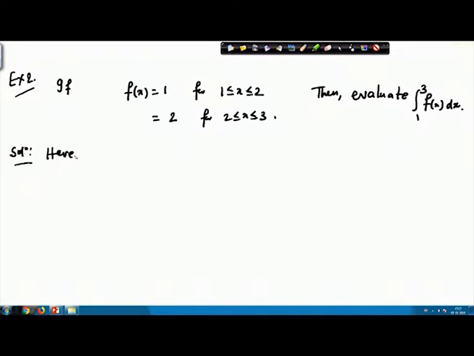So here our f(x) is bounded on [1, 3] and it is monotone there, which is obvious.